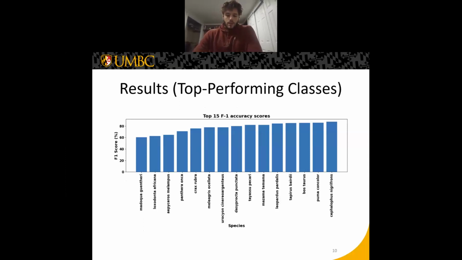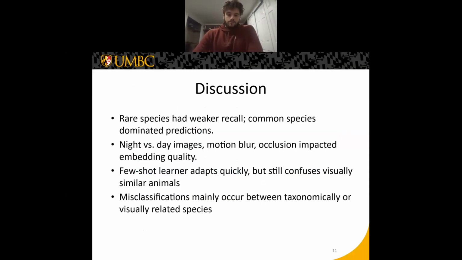Now for our discussion slide, rare species still remain our hardest challenge. They have weaker recall, and the model often defaults to the more common species rather than identifying it as a rare species.